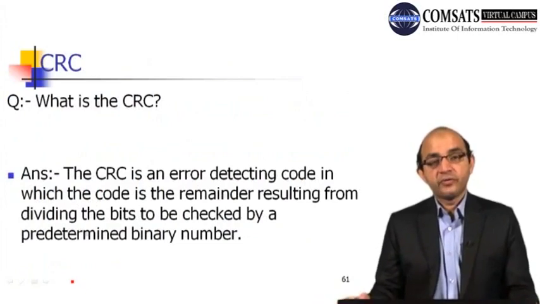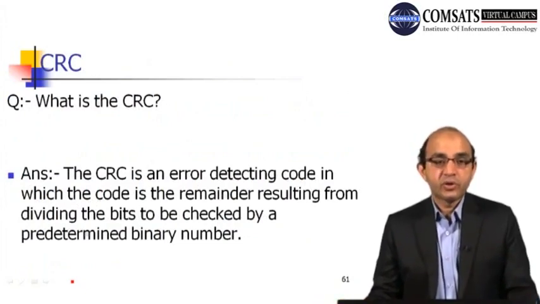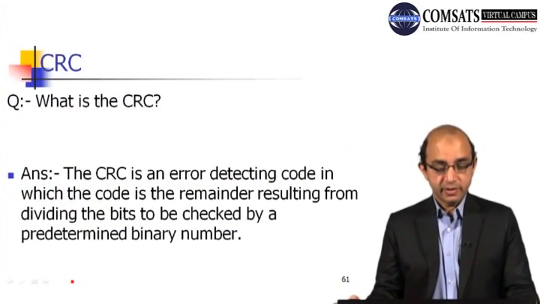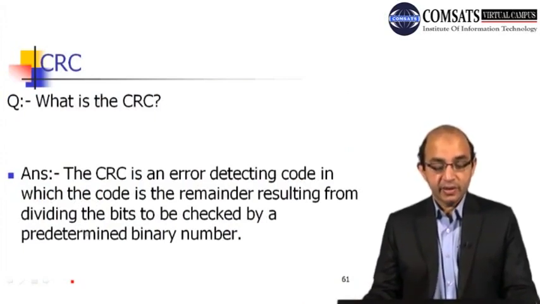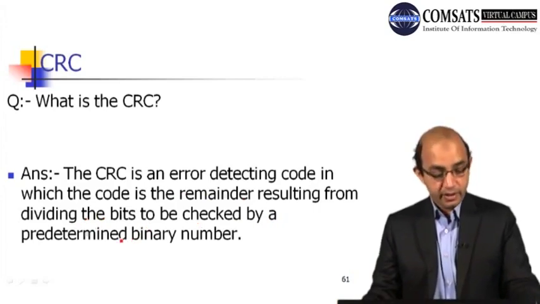So now we are in a position to answer our question: what is CRC? It is an error detecting code in which the code is the remainder resulting from dividing the bits to be checked by a predetermined binary number.